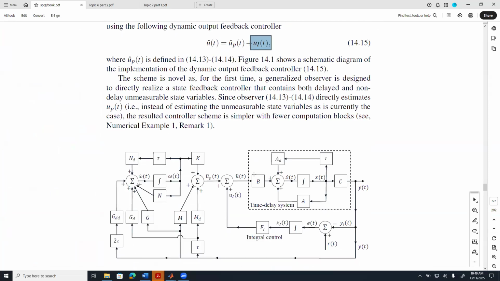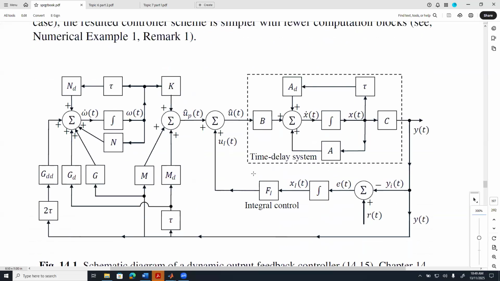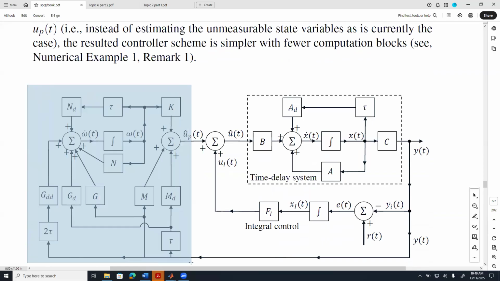The other bit is the one that we really want to estimate. We don't want to estimate it separately, like estimating a state vector and then realizing it. Instead, we estimate directly. And this is the implementation of it. Have a look at that.